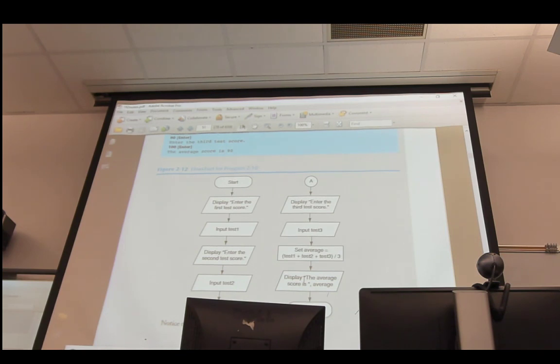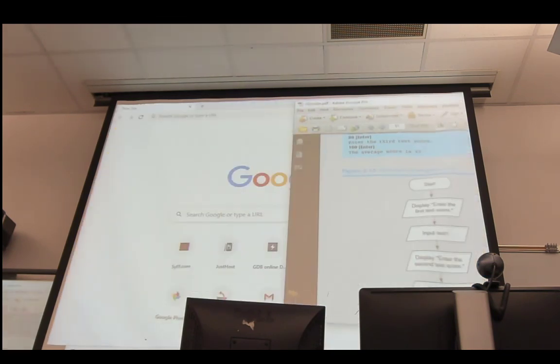You're declaring your variables, and you're looking at the flowchart symbols and creating your statements, right? cout, cin, cout, cin, cout, cin, and then you got your average expression, and then cout your average. Okay? So go ahead and type that code for that flowchart. So open up online GDB.